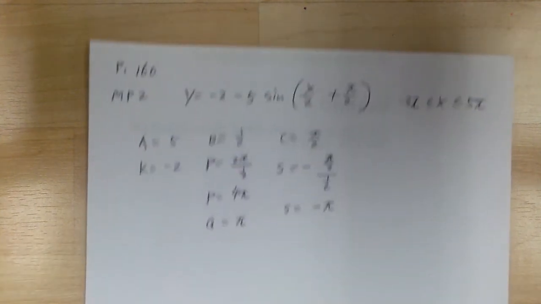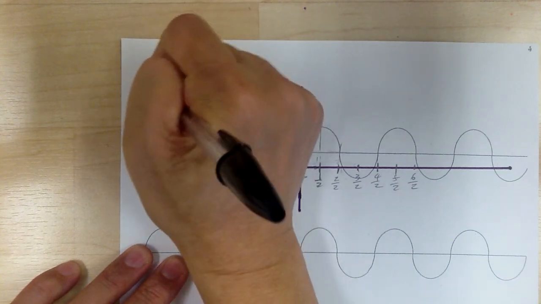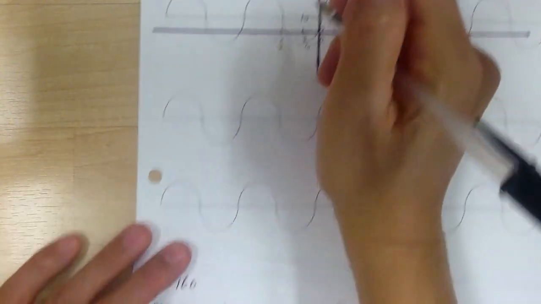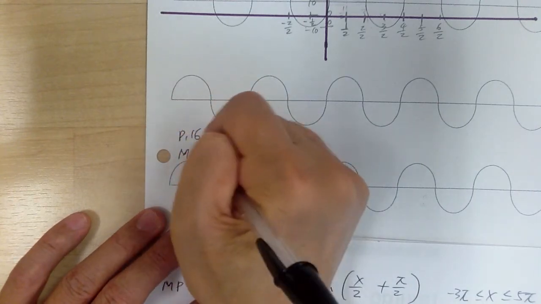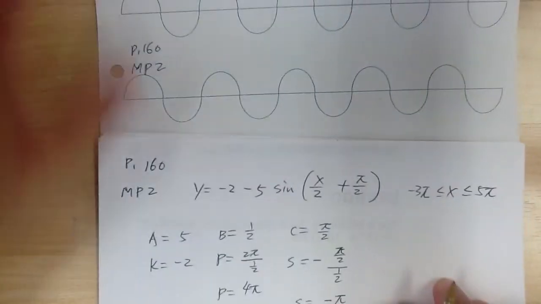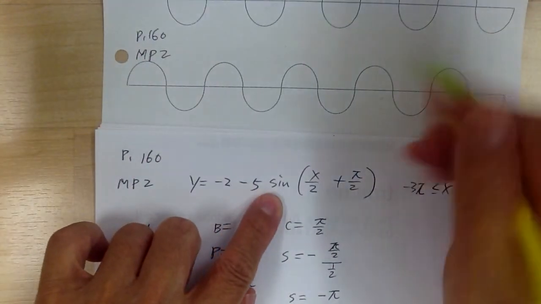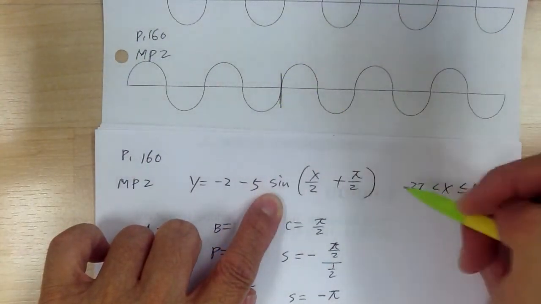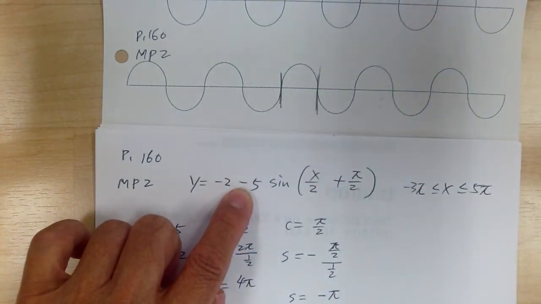So now let's go and do the graphing. Oh, I forgot to label this. This is page 160, example 2. Okay, so this is page 160, the match problem 2. This is the sine graph. So normally sine starts over here, but because it's negative, it will start right over here instead.